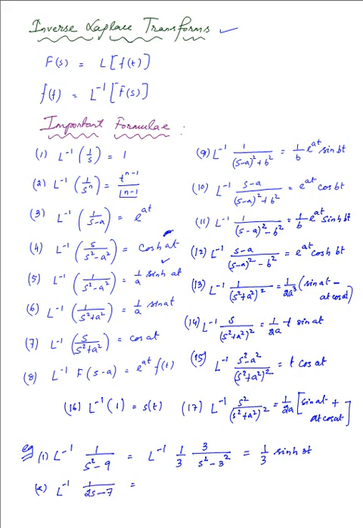Now in that you can take away that 1 over 2 and you have the Laplace inverse of 1 over, since 2 has been taken as the common one, s minus 7 over 2 is what we are left with, and s minus a gives e raised to the power at that we have obtained over here. So this is simply half of e raised to the power, that is the exponential of a. Instead of a we have 7 over 2 times t in this case. So that's 7 over 2 times t.